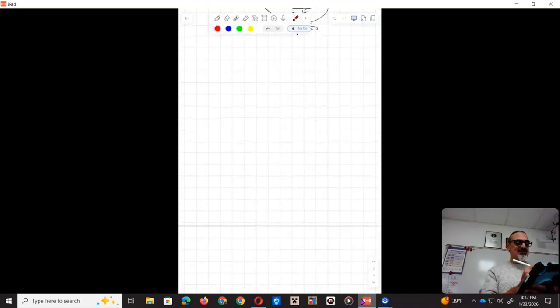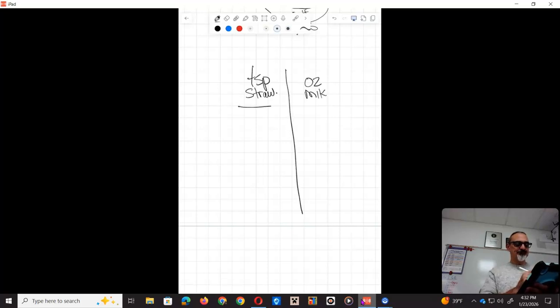So I know we're dealing with teaspoons of strawberry and ounces of milk. All right. And I know that the ratio is for every 3 teaspoons of strawberry syrup, you're going to add that to 8 ounces of milk.